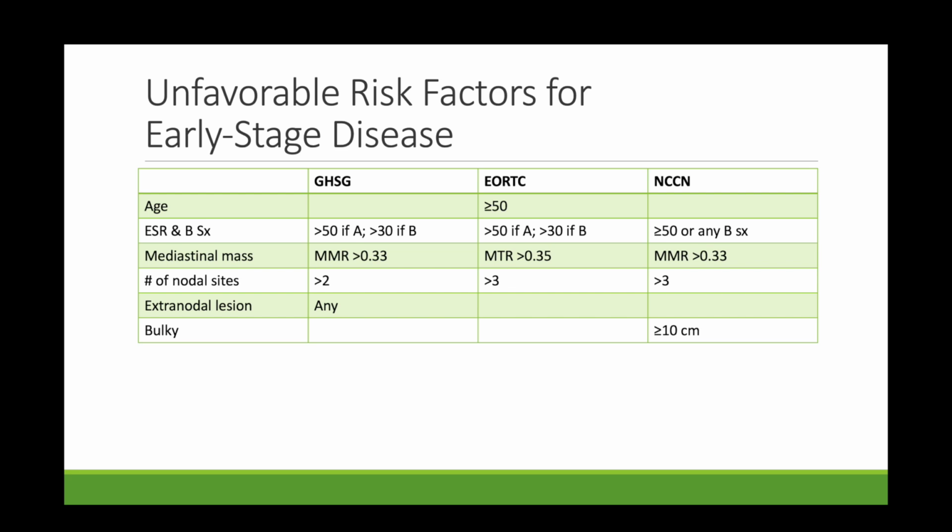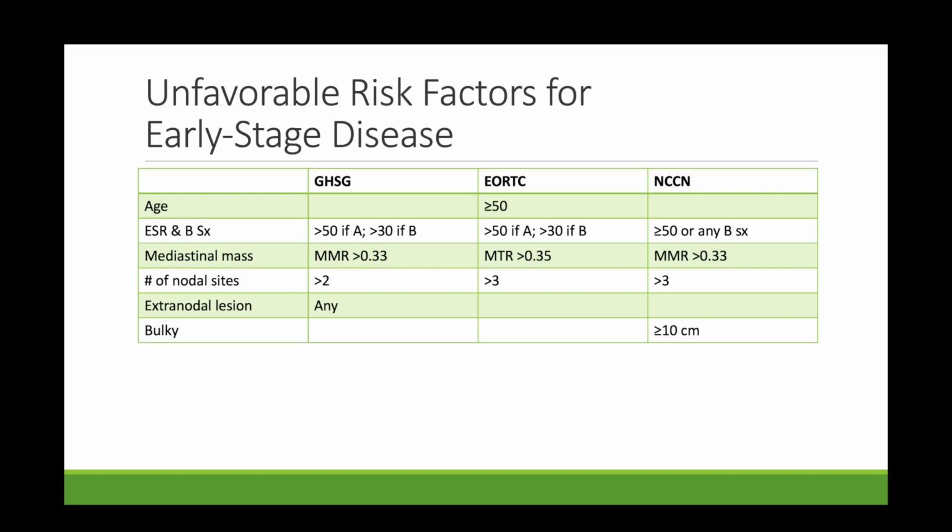Let's start by tackling early stage disease and identifying the risk factors that help us to differentiate favorable versus unfavorable early stage Hodgkin lymphoma. So just like we went through the different study groups and showed how they classify the lymph node regions differently, remember, there was Ann Arbor versus EORTC versus the German Hodgkin study group.